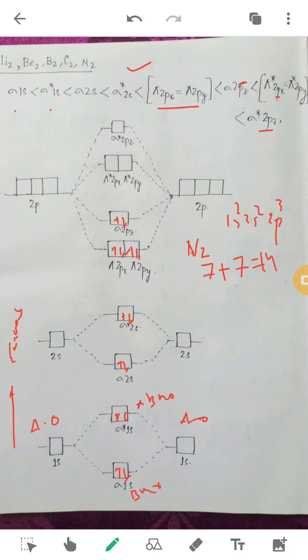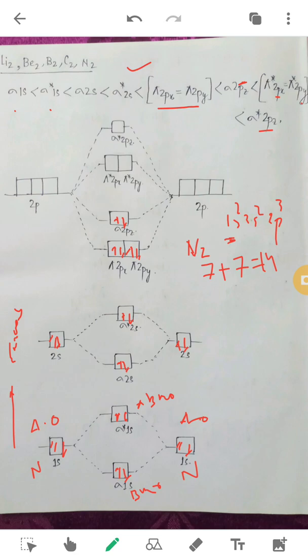Now we can fill in the atomic orbitals this way. See, here you have 2 atomic orbitals for the 1s. For nitrogen we have written 1s2. Suppose this is one nitrogen atom and this is the other nitrogen atom.